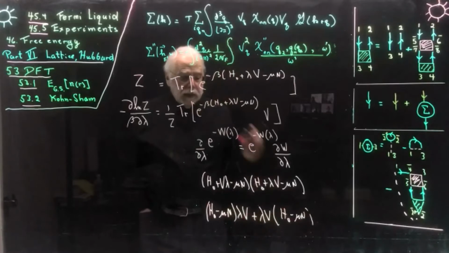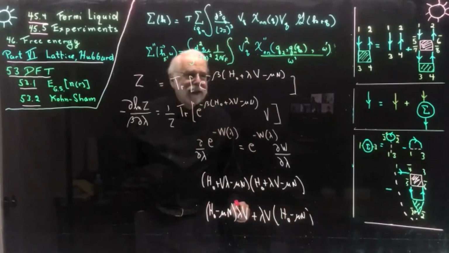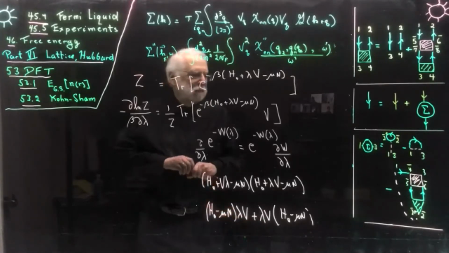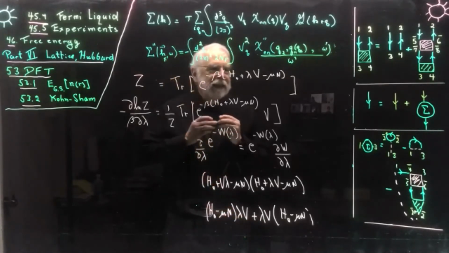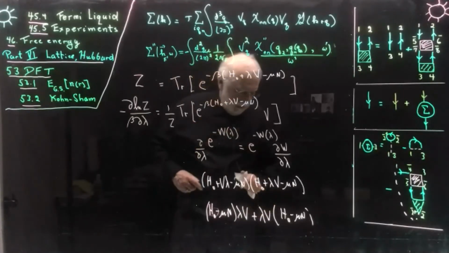But it's in a trace, so I can always move all the lambda V's to the right. That works for order 2, but for order 3? No, it works also. You can check it recursively.